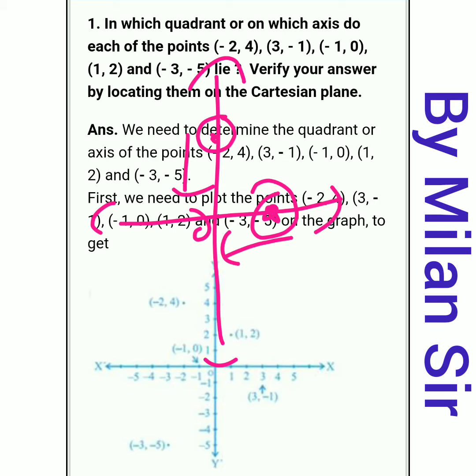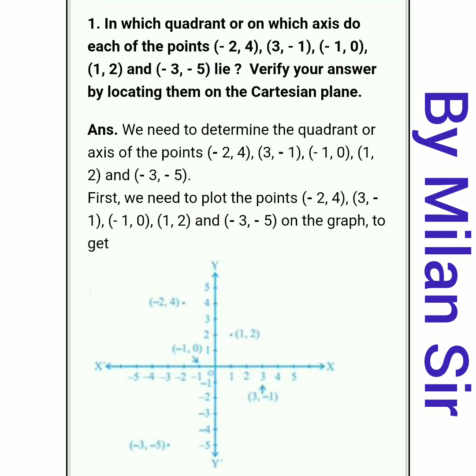So directly we can define in which quadrant, otherwise on which axis, the following points lie. So the first point is (-2, 4).